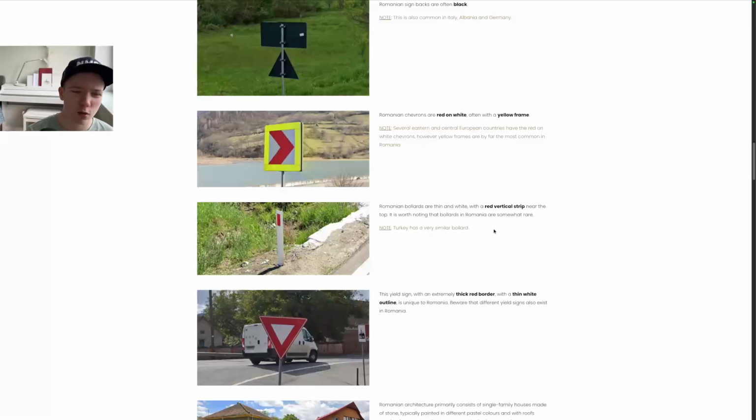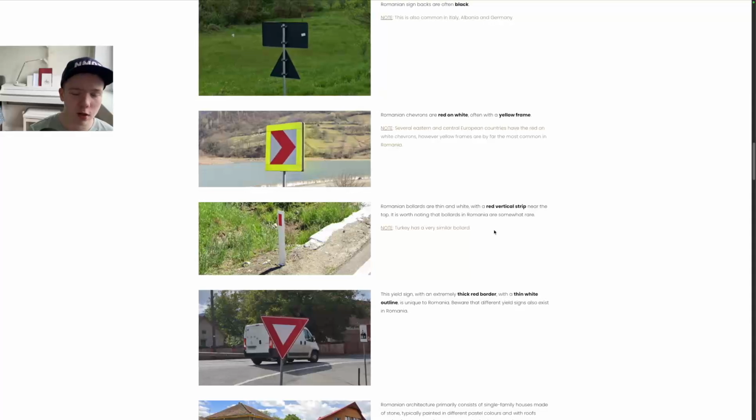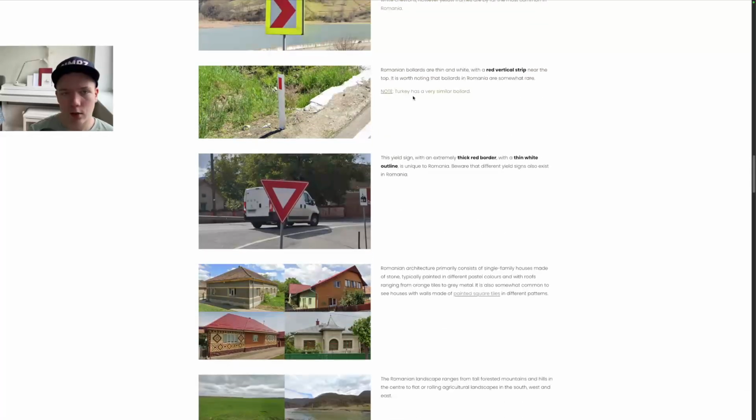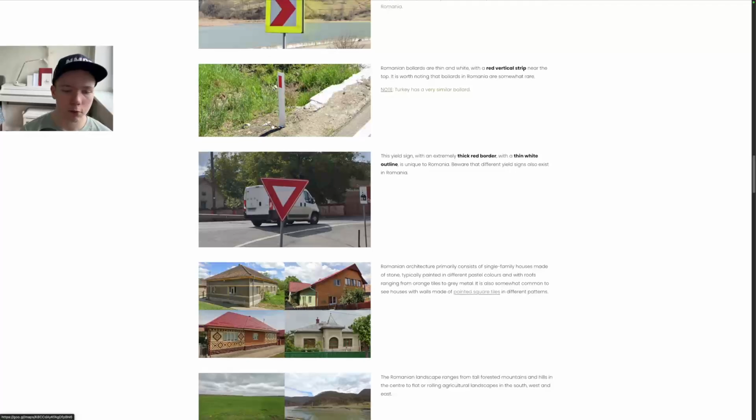Maybe you can see them a bit more in the Netherlands, but in Belgium and Romania especially, they're really, really rare. Turkey and Australia do quite commonly use bollards, especially Australia. The yield sign has an extremely thick red border.